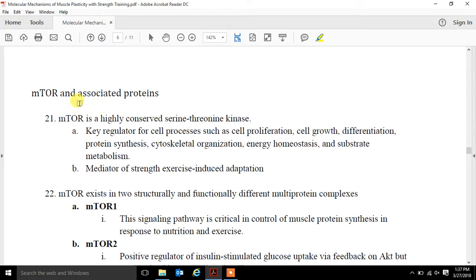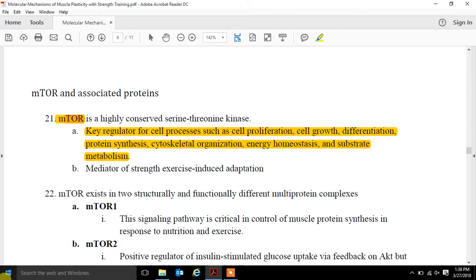So mTOR. It's a key regulator of cell proliferation, cell growth, differentiation, protein synthesis, cytoskeletal organization, energy homeostasis, and substrate metabolism.